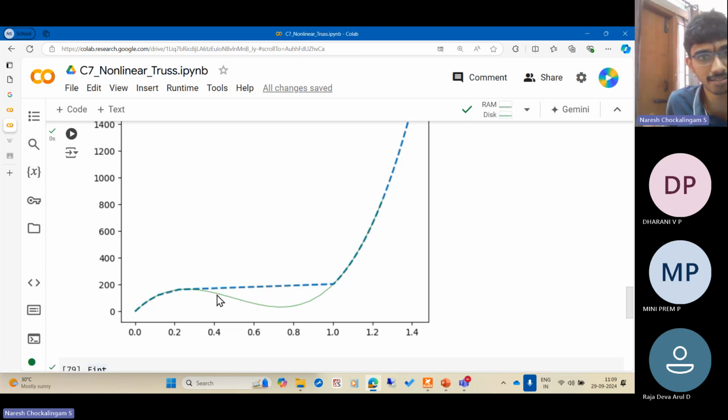We are only increasing the force in small steps. So what happens at this point? The solution it is looking for has to go in this direction, but we are forcing the force to increase. We are not allowing the force to decrease. If you have to have controlled displacement, we need to decrease the force. That's what the curve means.